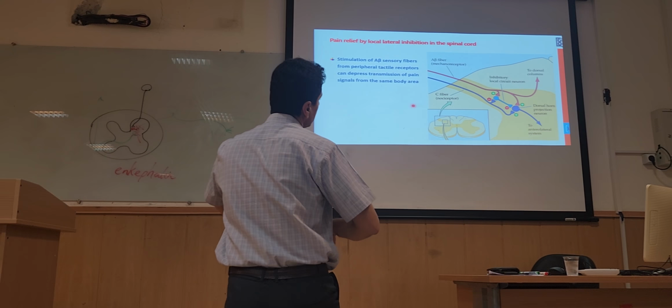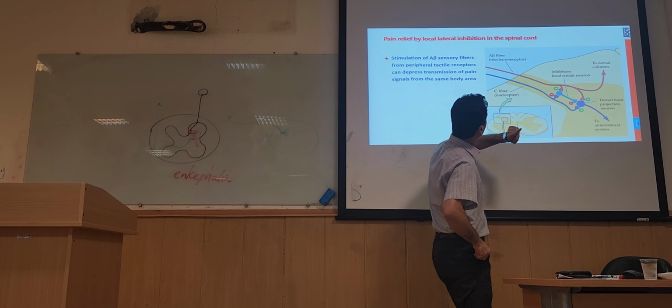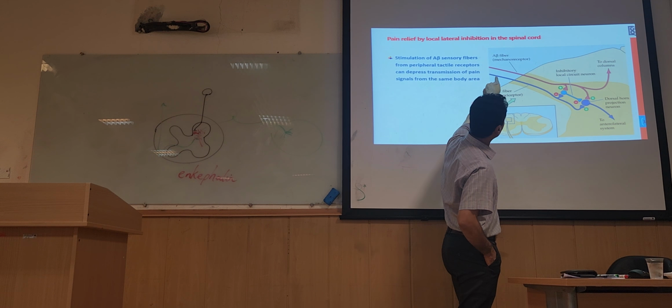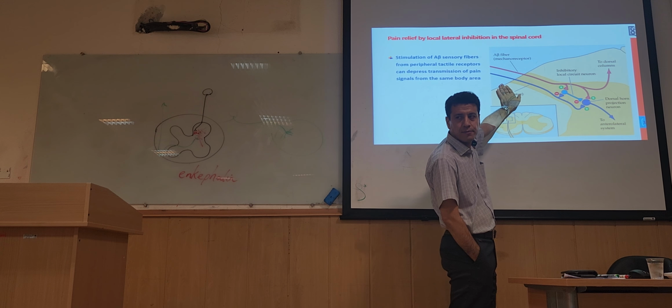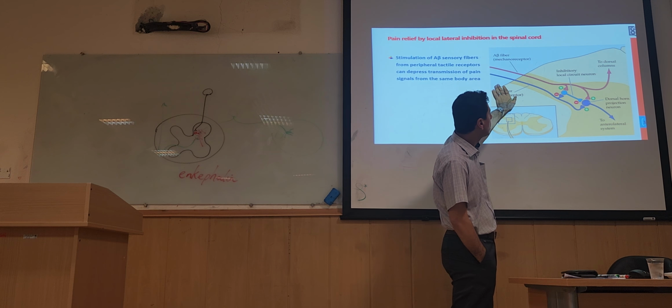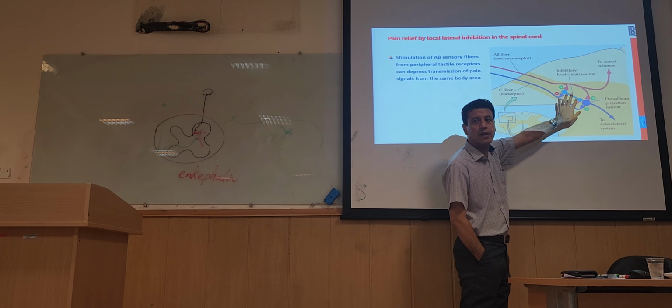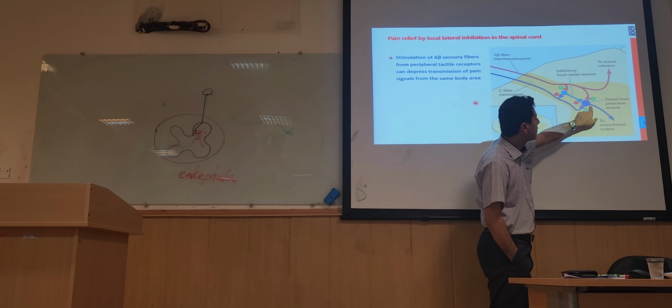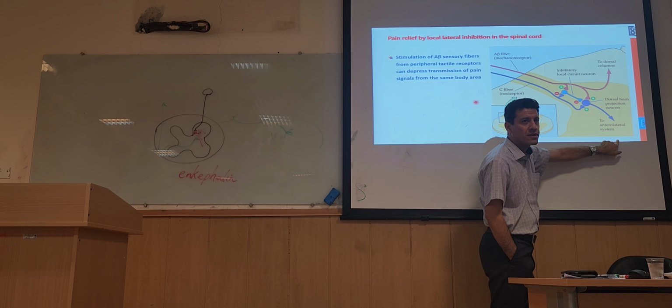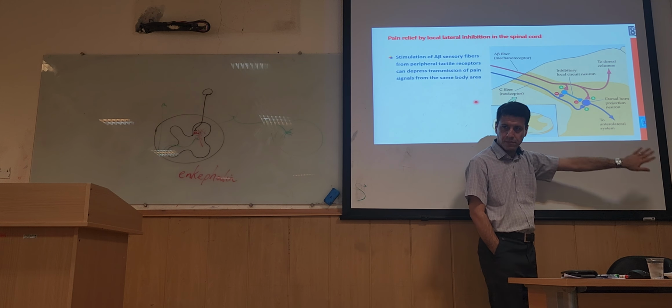How? This blue one is a pain fiber from the skin that carries pain signals to the spinal cord, layers 1, 2, and 3, or 5. So it activates a second order neuron. The second order neurons go to the spinothalamic tract and goes on.